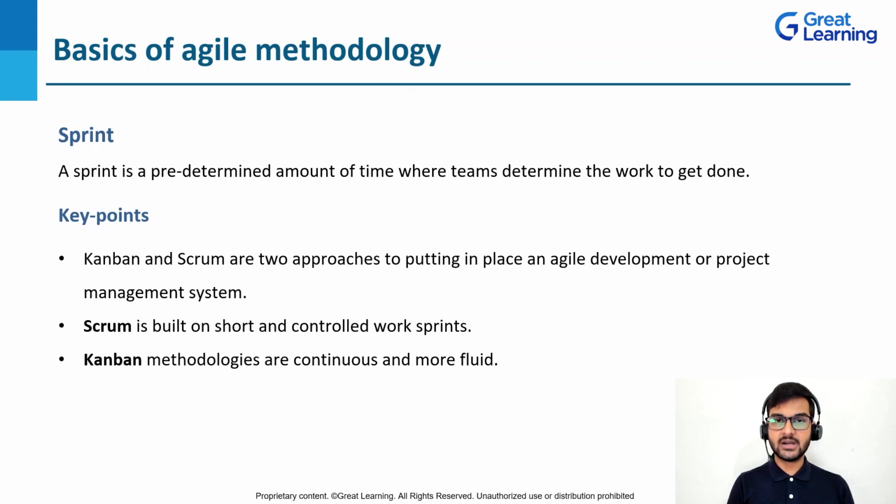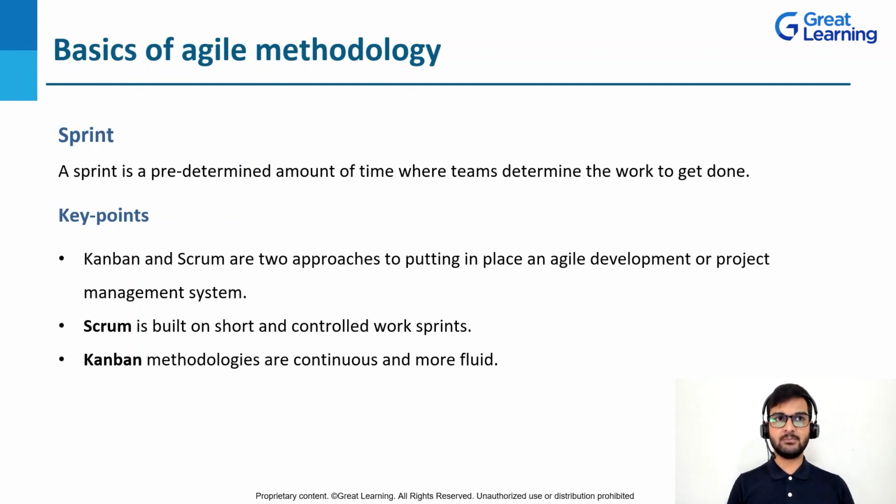Once you talk about Scrum, it is built on short and controlled work sprints. Once one sprint is over, then we'll have a sprint meeting and we'll move to another sprint. But that's not how things work in the Kanban framework. In Kanban, the methodologies are more continuous and more fluid.